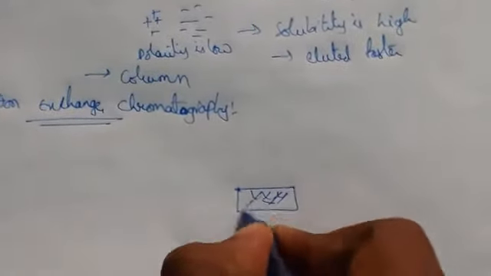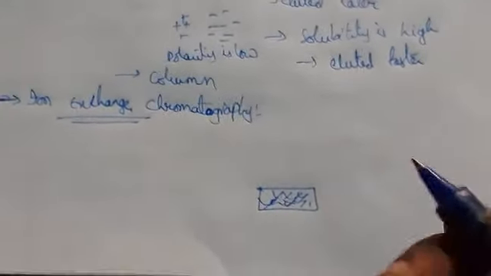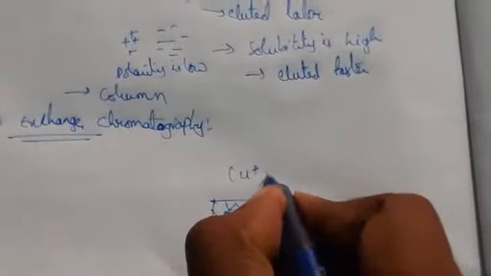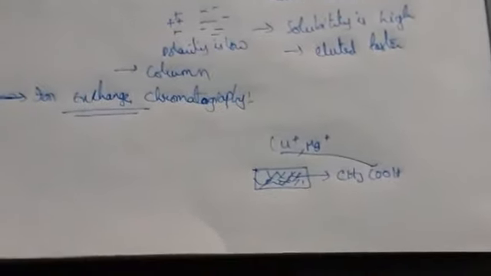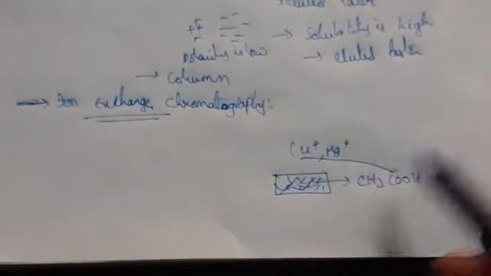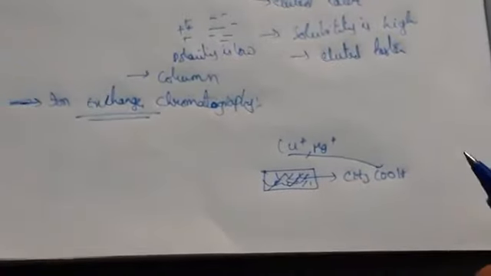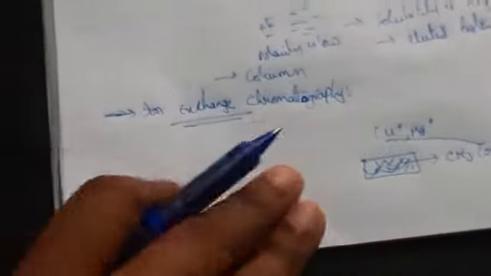Let us take an ion exchange resin with CH3COOH present. When you add some copper or magnesium, it replaces the H plus ions. That we call a cation exchange resin. Or if OH minus is replaced, it forms an anion exchange resin. This is about ion exchange chromatography, which we have already discussed in the previous class.